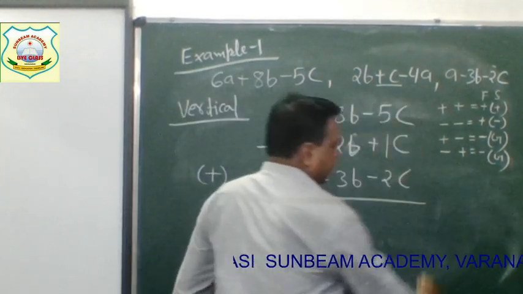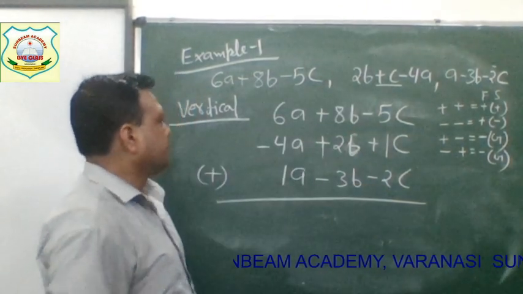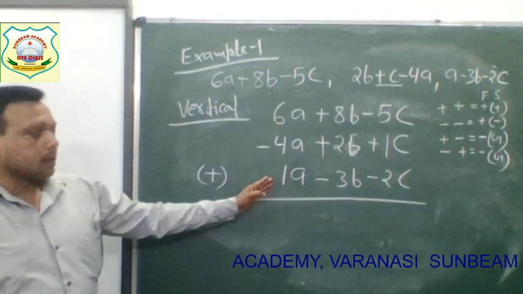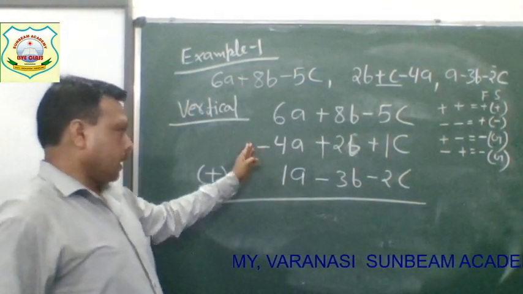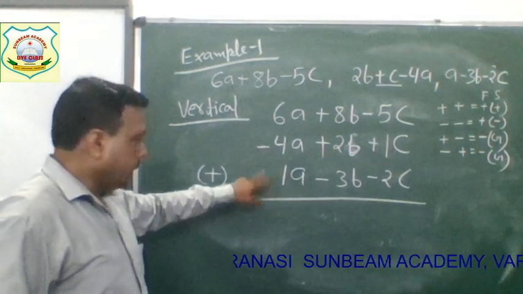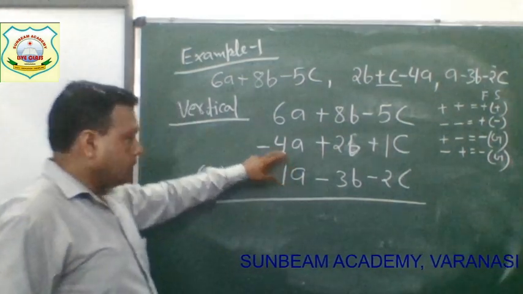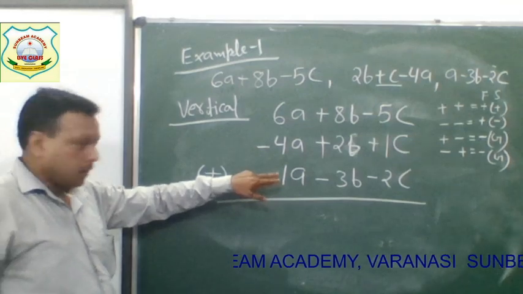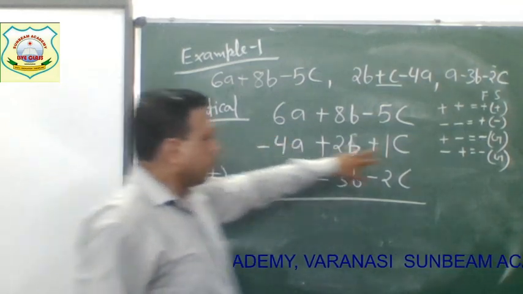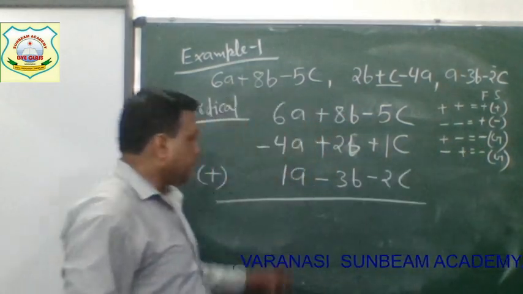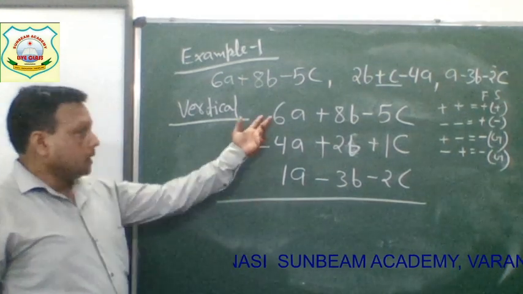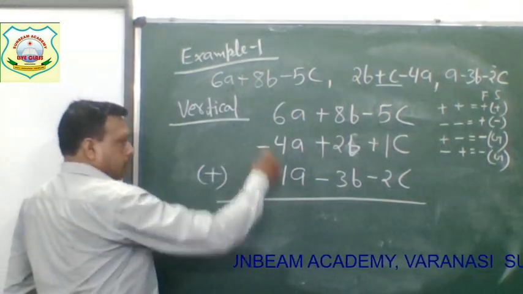So with the help of this rule, 6a and 1a, that is 7a. 7a minus 4a, because 7a is plus and 4a is minus. But 7 is greater than 4, so we will subtract, and the sign depends on the greater value. 7 is the greater value.